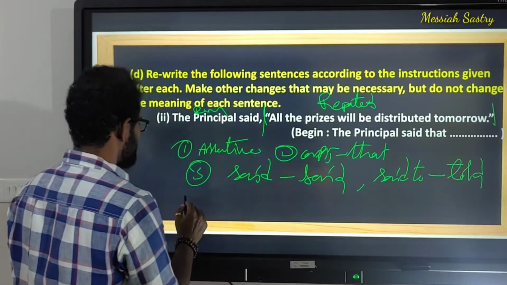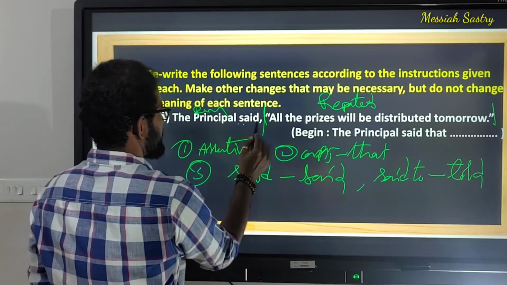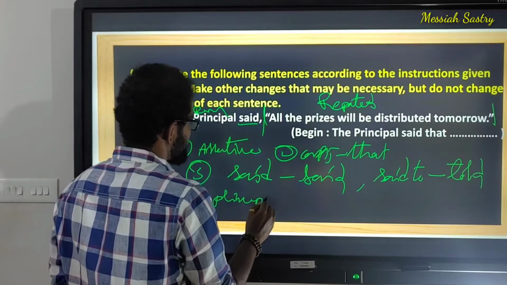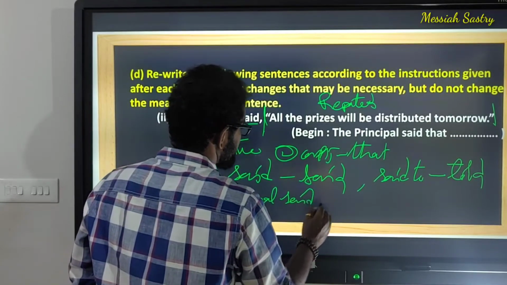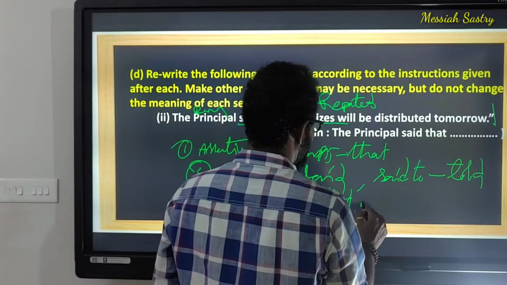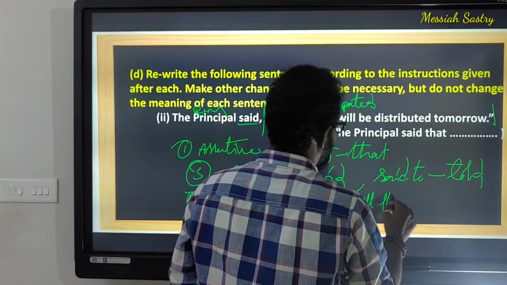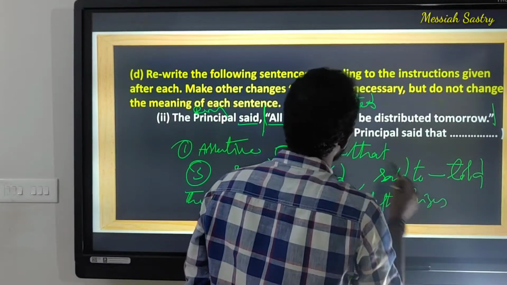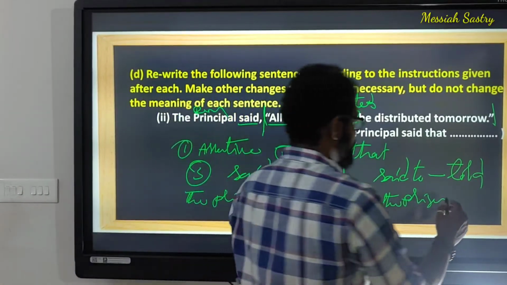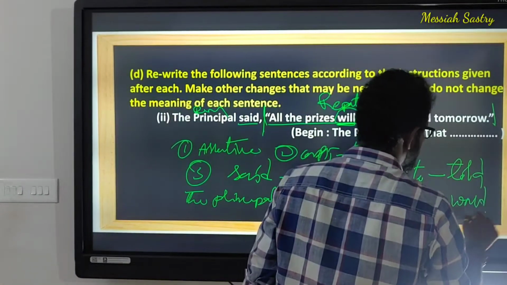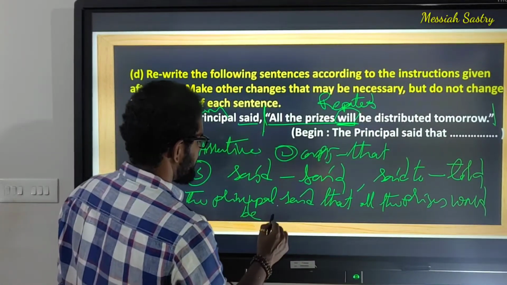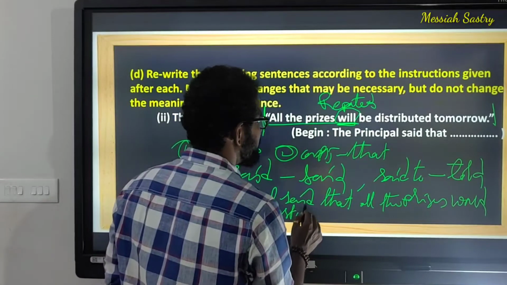Now let us see the answer. The principal said that all the prizes, "will" in direct speech, in indirect speech we change into "would be" distributed.